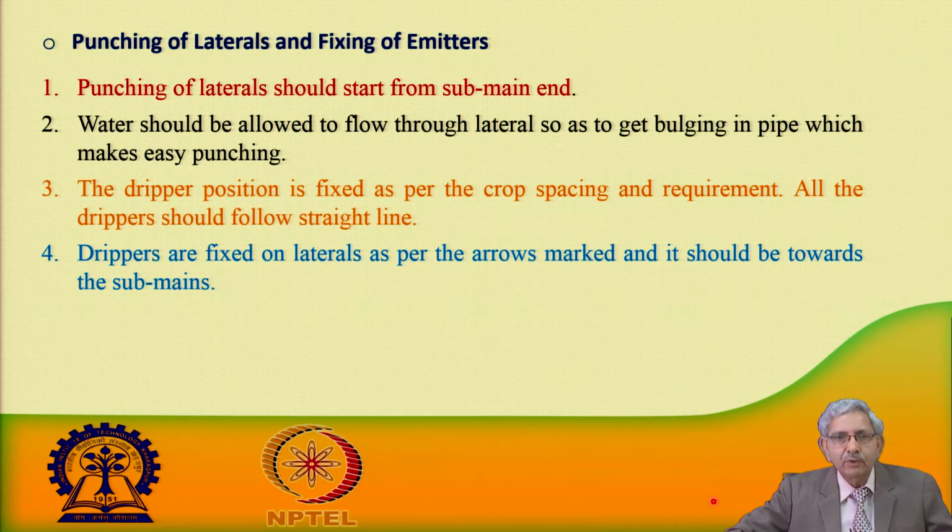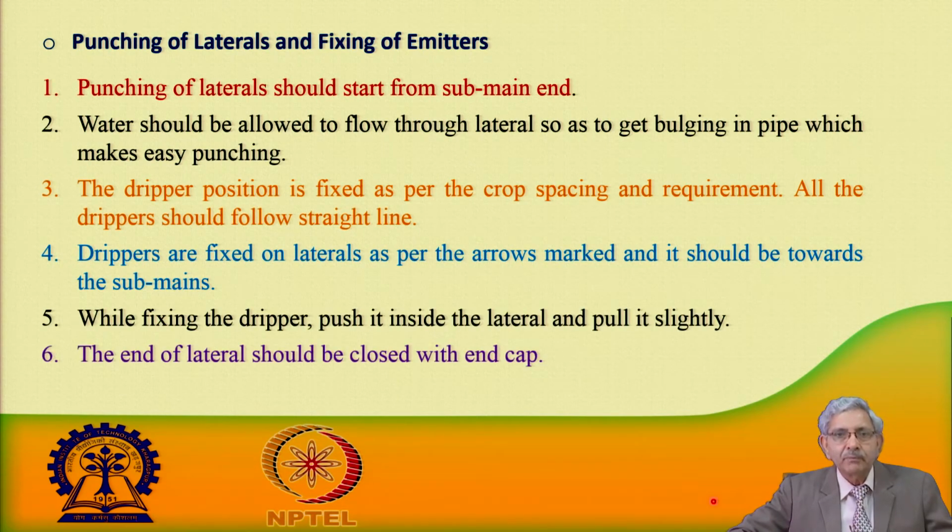One should take care of this when fixing the drippers. While fixing the dripper, push it inside the lateral and pull it slightly. The end of the lateral should be closed with an end cap.